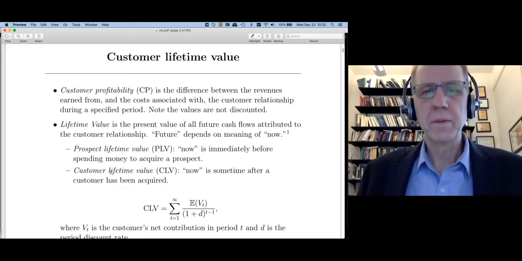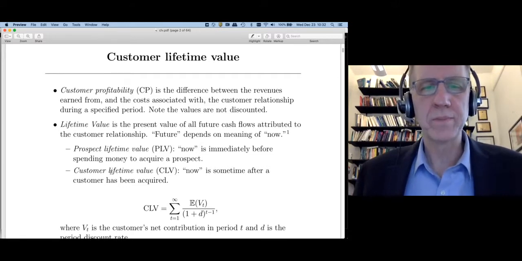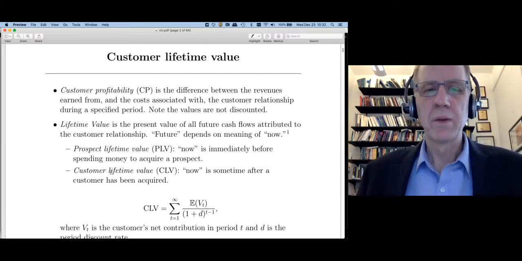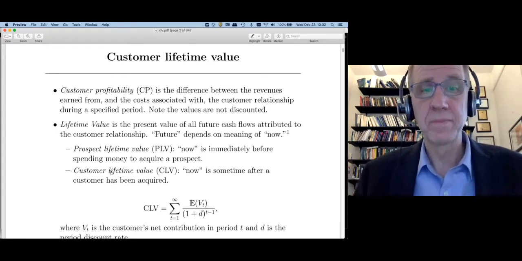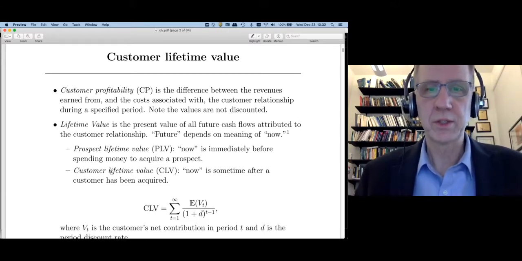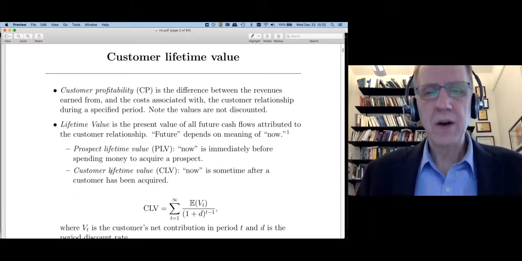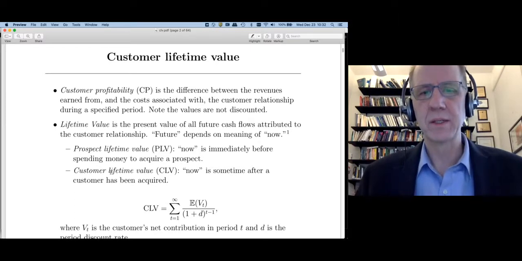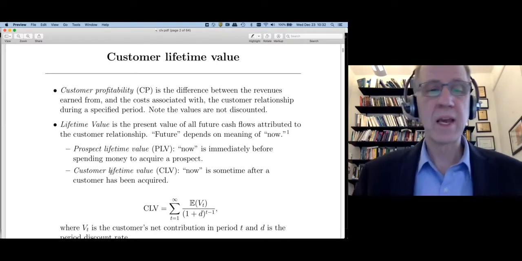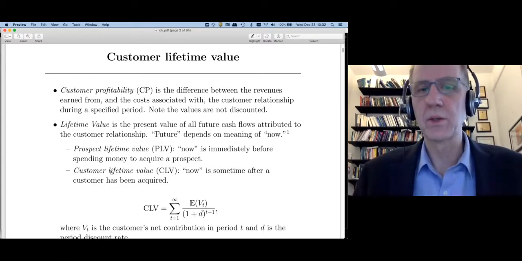So if now is immediately before spending money to acquire some prospect, then what that means is the amount that I spend to acquire the customer needs to get deducted from the future projections of the cash flows. Alternatively, if now is sometime after I've acquired that customer, so now the prospect has become a customer, then we're going to call it customer lifetime value, and the acquisition costs are not included in that.